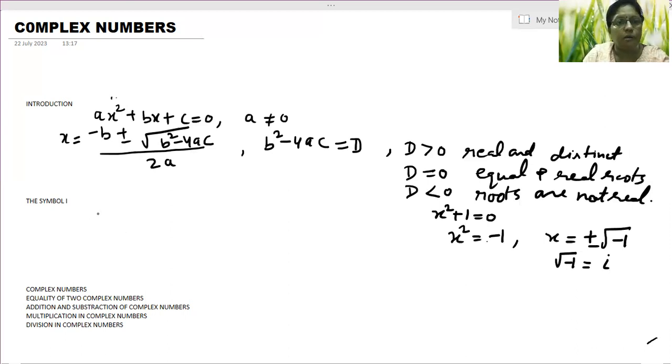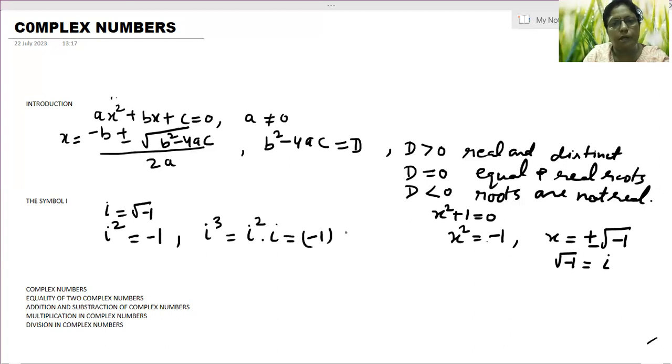So from here, we can write i is under root minus 1. So what is i square? i square is minus 1. Okay, if I try to find out the value of i cube, then it is i square into i, that is minus 1 into i, that is minus i.